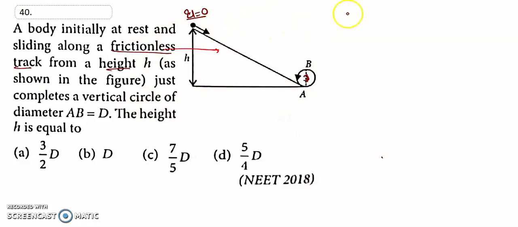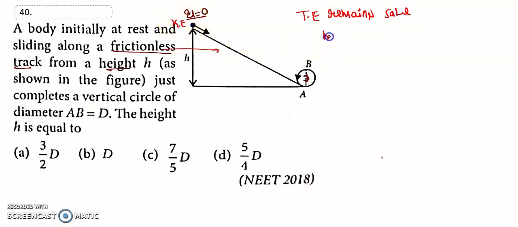The total energy remains constant, because there is no against force. So this is kinetic energy plus potential energy.